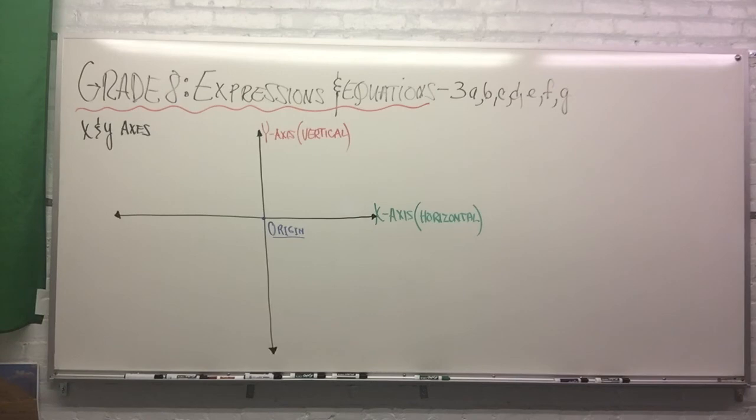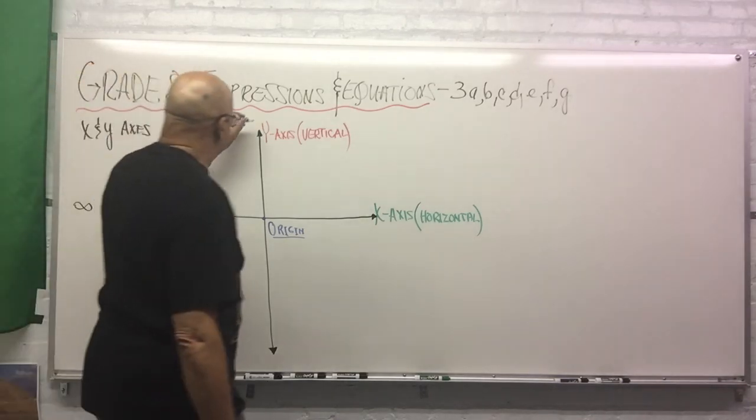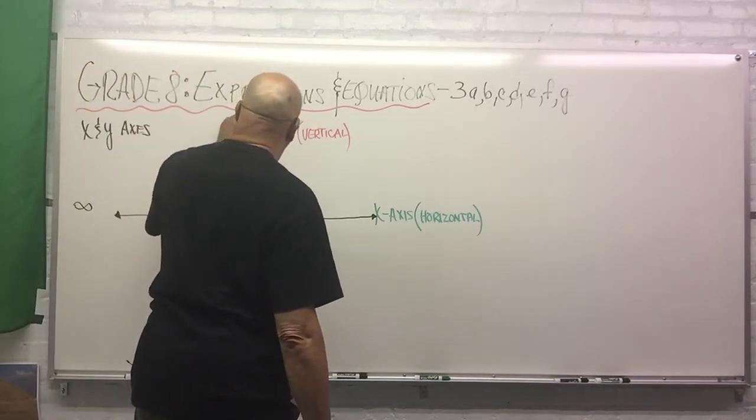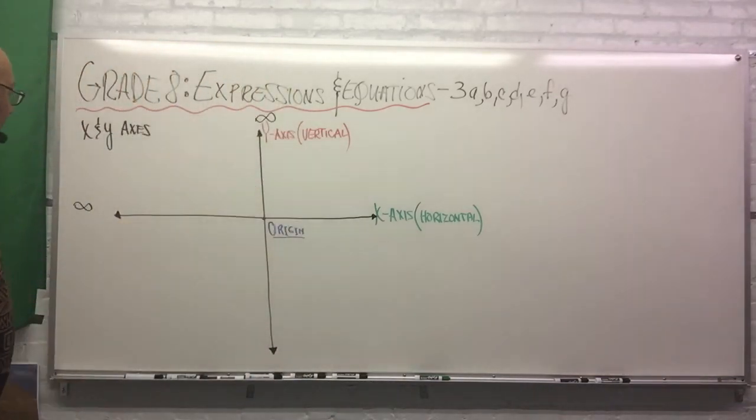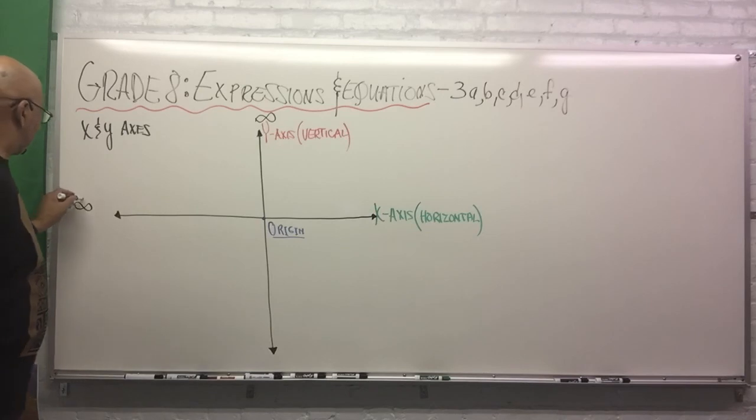The x-axis goes to the left forever and to the right forever. And as you know, the symbol for forever is this. So we could put one down here and one there too. And you know that that symbol stands for the word infinity.